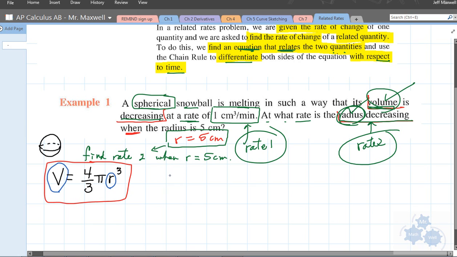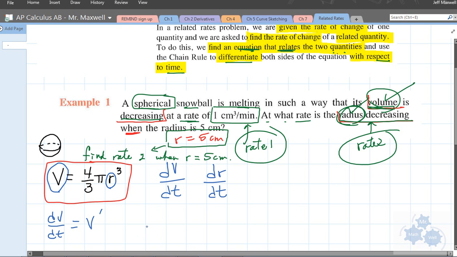So we find dV with respect to time, and we also find dr with respect to time. Don't get too confused by this, all it means is that the derivative dV over dt is V prime.